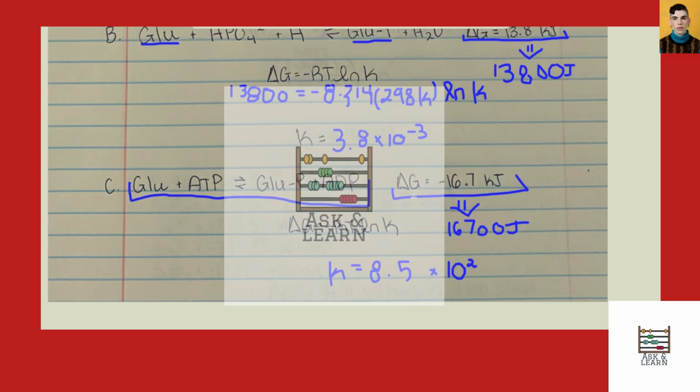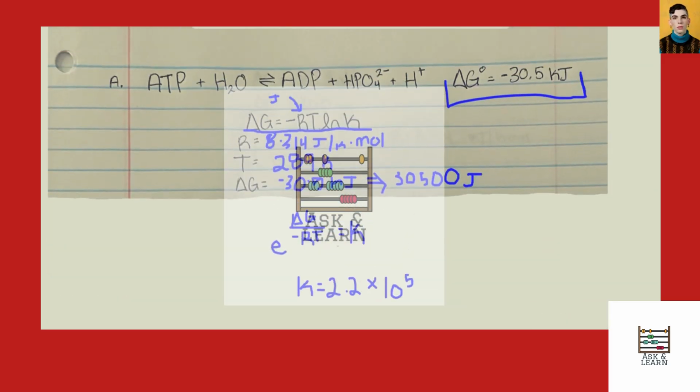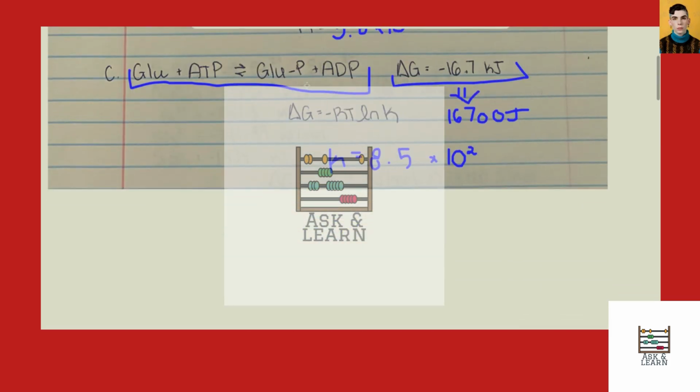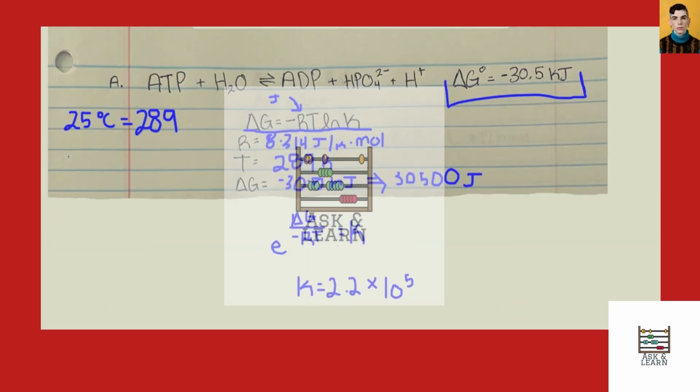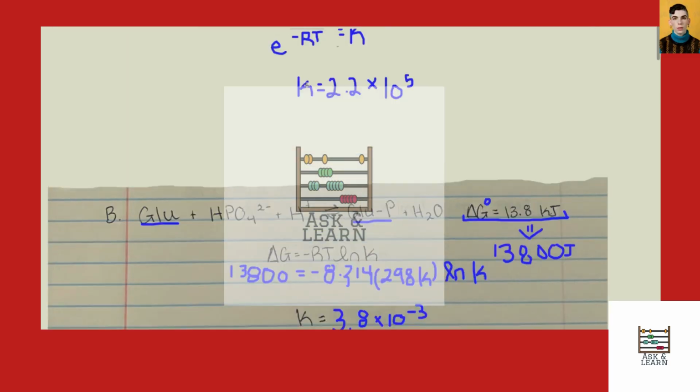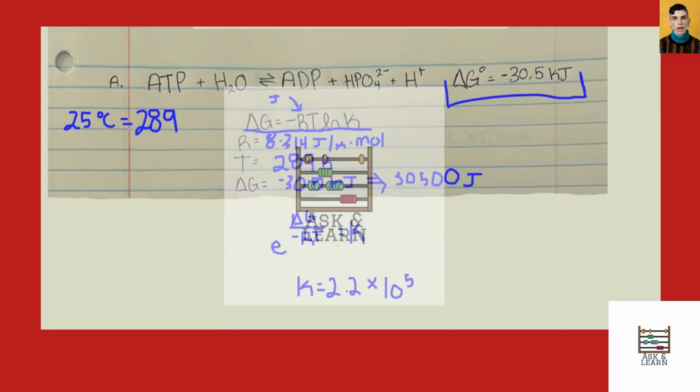Okay, and then D is probably the easiest question. It's just asking us how K changes when T changes from 25 to 37. So we know 25 degrees Celsius is 298 Kelvin.